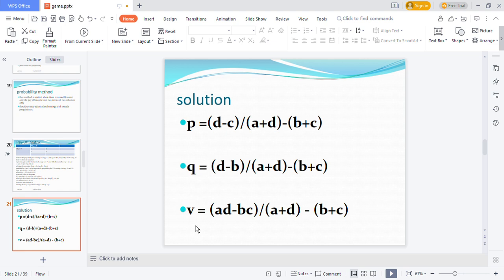And then the value of the game can be determined by the following equation. A, open the bracket, AD minus BC, close the bracket, divided by, open the bracket, A plus D, close the bracket, minus, open the bracket, B plus C, close the bracket. So these are the solutions that you get from the probability application method.